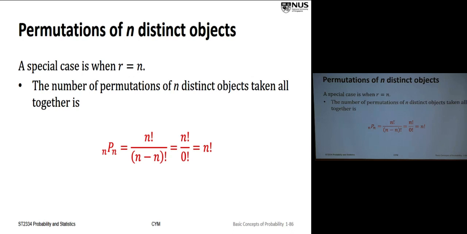Now we understand: choose N objects, arrange them, how many ways? N factorial. So you make sure this equals N factorial. How can this equal N factorial? The 0 factorial must be 1. Otherwise, the left-hand side will not equal the right-hand side. So we define 0 factorial as 1. Otherwise, it's not consistent.